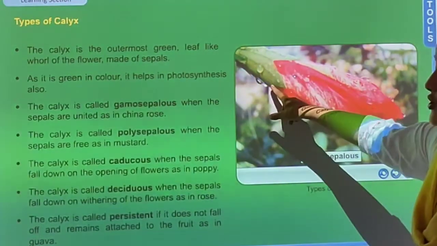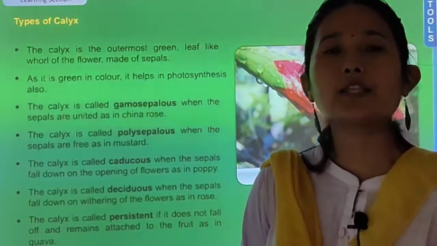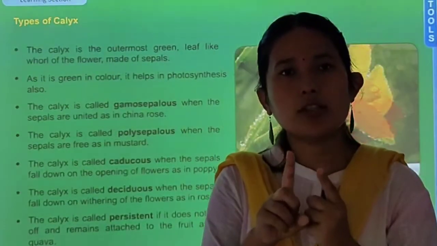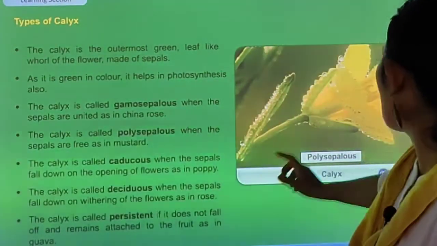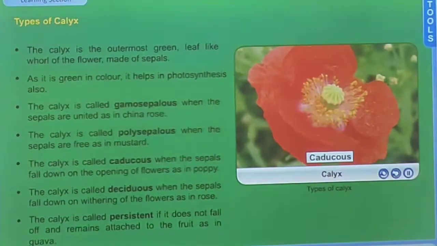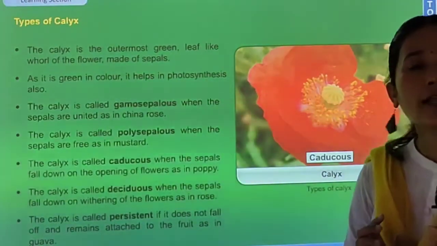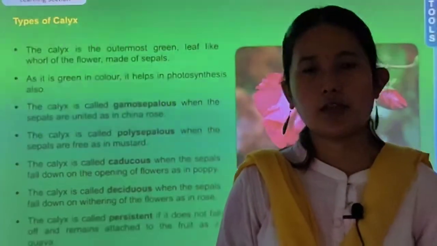This kind of arrangement is known as gamosepalous. In case of polysepalous, your sepals are not attached to each other, they are free from each other. Like you can see here, your sepals were free from each other. That type of arrangement is known as polysepalous.